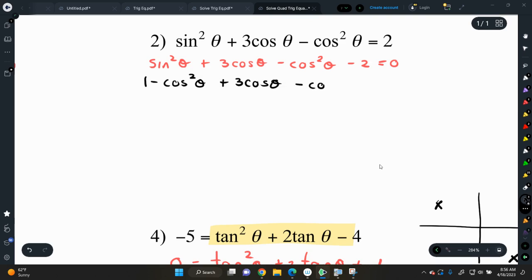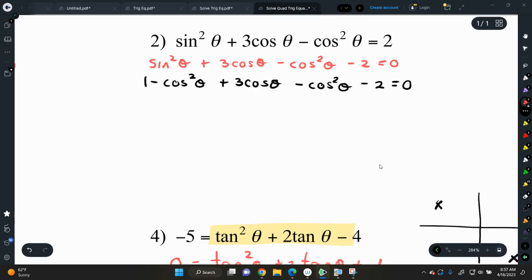Because there was a cosine theta without a square. Yeah, exactly. We can't really do anything to the cosine. So if I had changed the cosine squared, I would have had to change the cosine also to something, and we really can't change that to anything involving sine. So our only option is to change the sine squared.